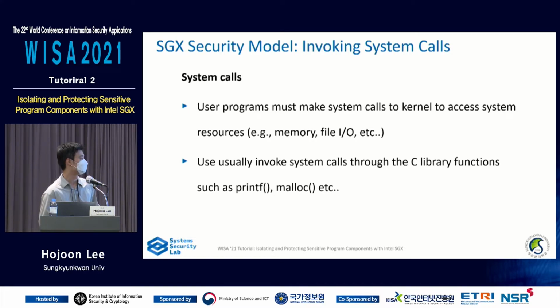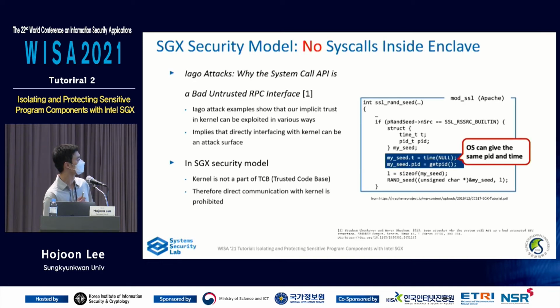That is because we invoke system calls through the C libraries. So if you call printf, for instance, it's gonna make write system calls to write into the console and so forth. And one surprise about SGX is that you cannot use system calls inside the enclave mode.